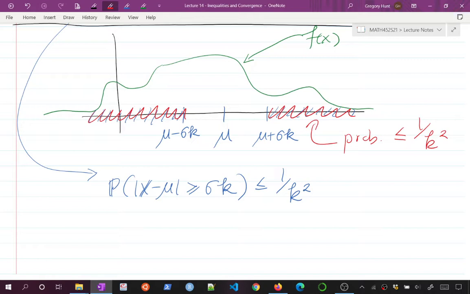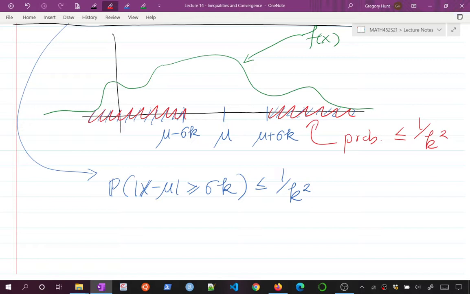You can flip it around. The probability that we're within k standard deviations of the mean is always bigger than 1 minus 1 over k squared. Either way you look at it, it's saying something about the probability you're within a certain distance from the mean.